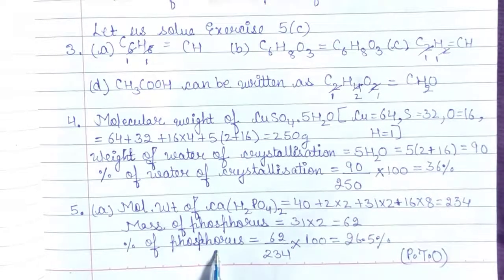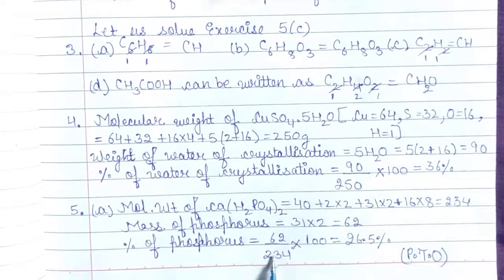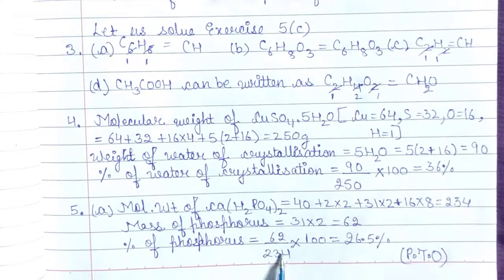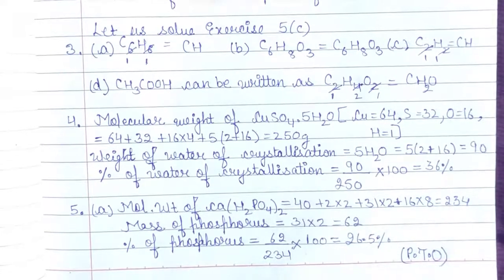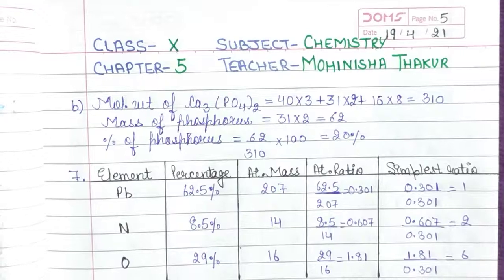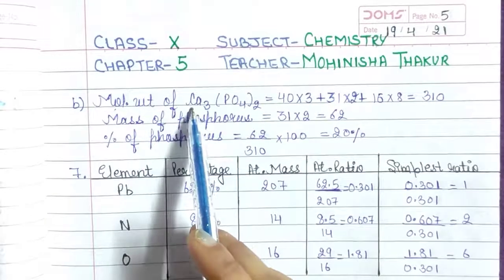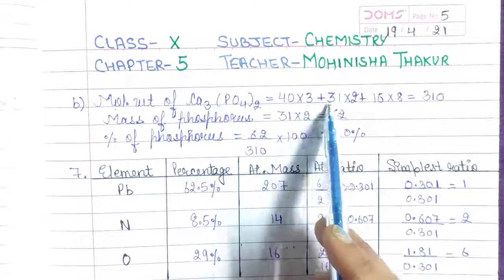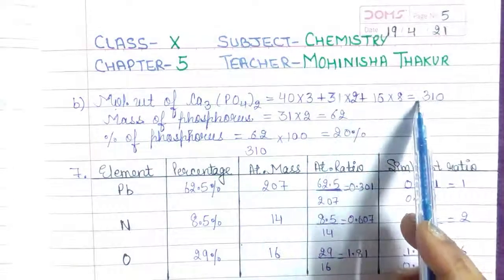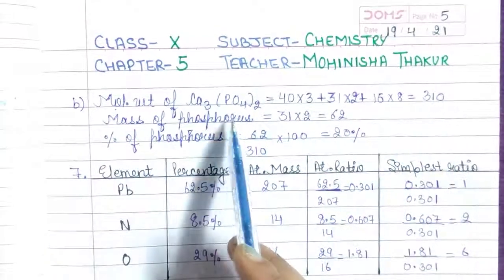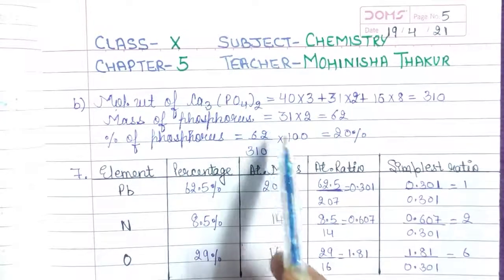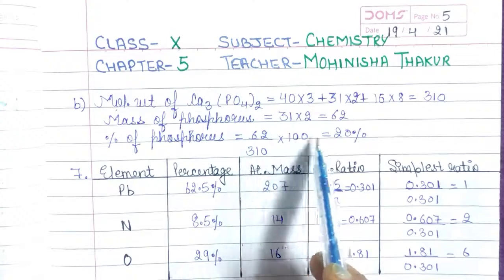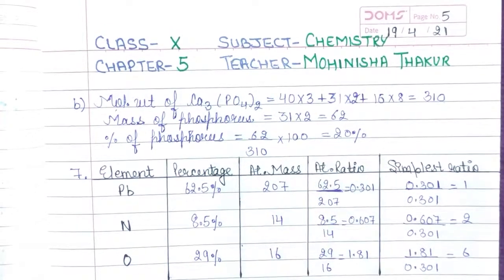So, the percentage of phosphorus is equal to 62 divided by 234, the molecular weight of Ca(H2PO4)2, into 100, and the percentage of phosphorus will come to 26.5%. Its B part: molecular weight of calcium phosphate, that is 40 into 3 plus 31 into 2 plus 16 into 8, will be 310. So, mass of phosphorus is 31 into 2, that is 62. So, percentage of phosphorus is equal to 62 by 310 into 100, that is equal to 20%.